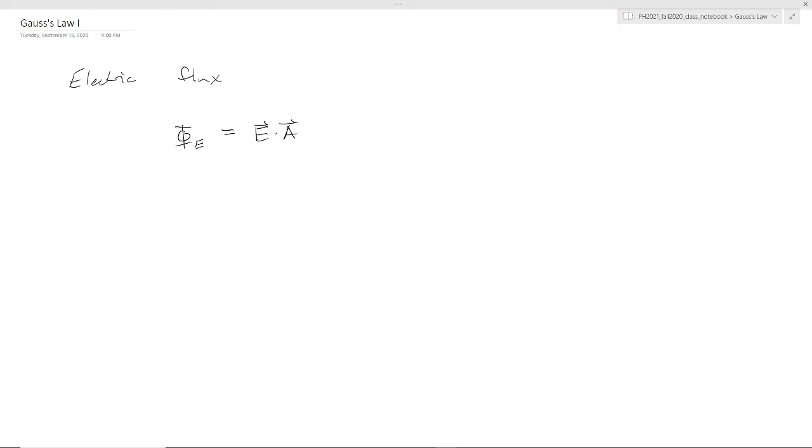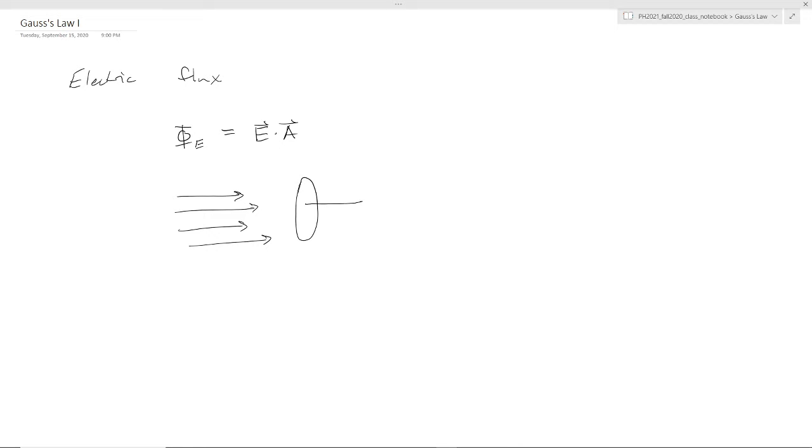And the dot product tells us we want these to be aligned in the same direction for maximum flux. And it's a little bit confusing to think of an area as having a direction. But let me draw a cartoon for you. Imagine you have some uniform electric field, and the area, think of a disk.